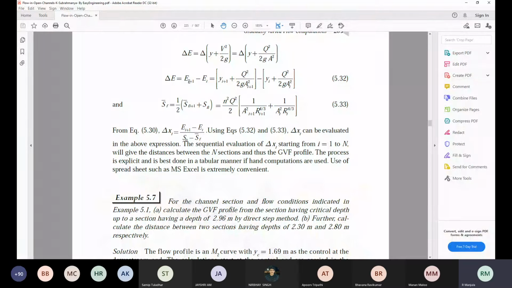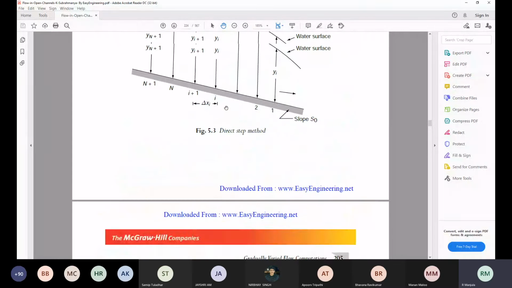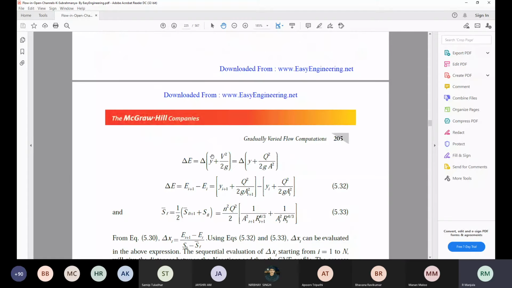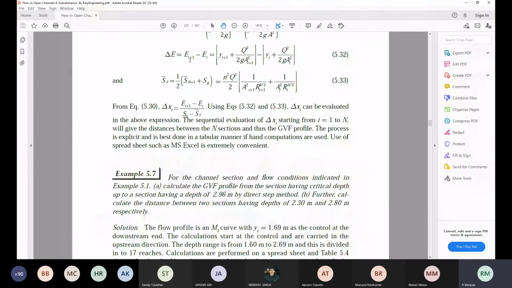Delta E is the next energy minus the previous, i plus 1 minus i, where i plus 1 minus i gives delta X. So delta E is equal to yi plus 1 plus q square by 2g a i plus 1 square, minus yi plus q square by 2g a i square.